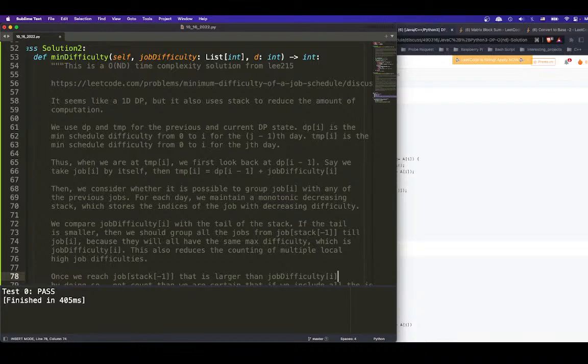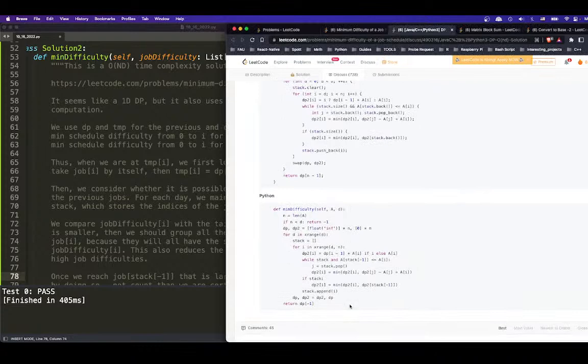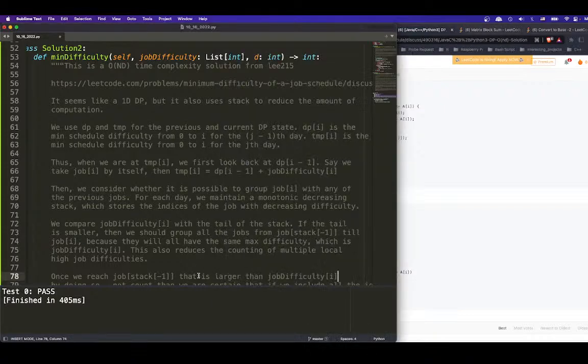What do we do when I hit something that's larger? Shouldn't we do that again? Okay, dp2i and dp2 stack. Oh, yes.